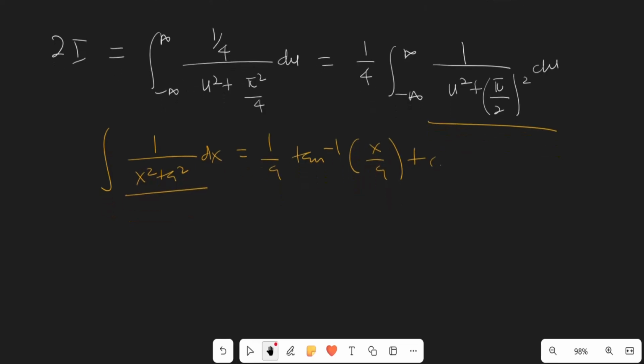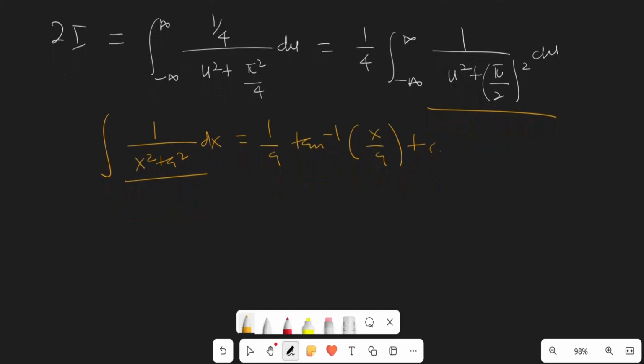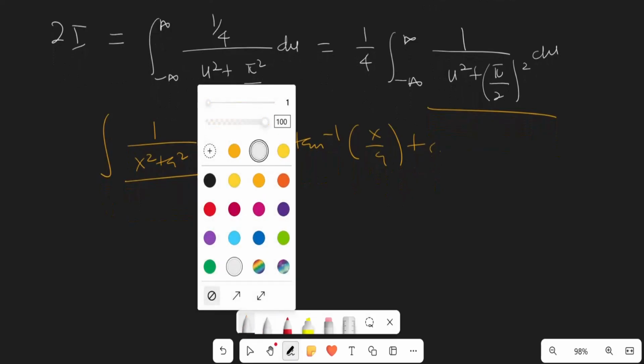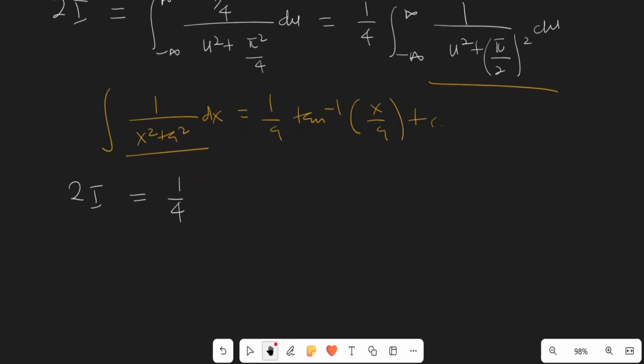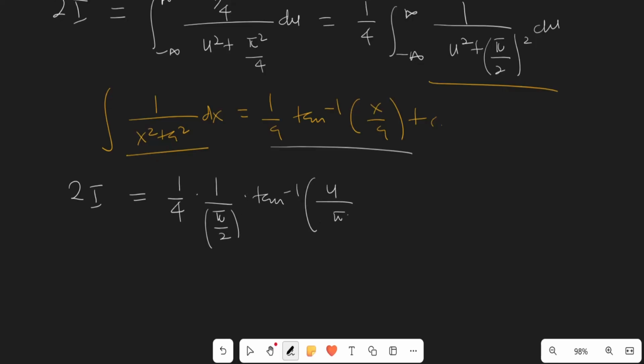So we can just use that identity to solve our integral. So 2I is equal to 1/4. And then if we integrate, that would be 1 over a, our a is pi over 2, times the arctan, or the tan inverse, of x over a. Our x here is u over a, pi over 2. And we are integrating that from negative infinity to positive infinity.